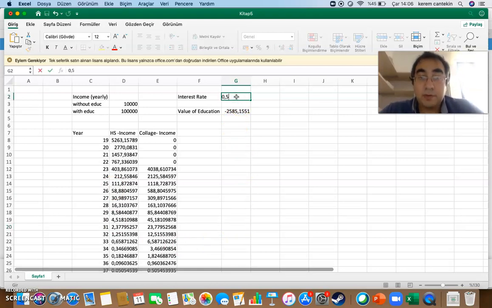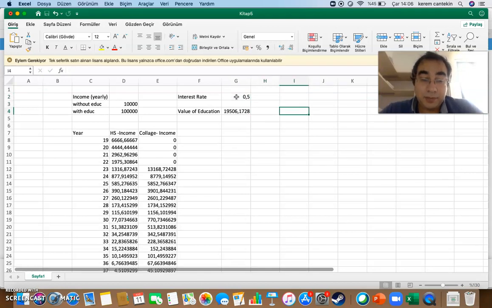So, let's move this to 0.5, a middle ground. For example, if education is $20,000, when we fix the income with and without education, the people with interest rate 0.5 will not get the education, since the value of education is less than the cost of education.